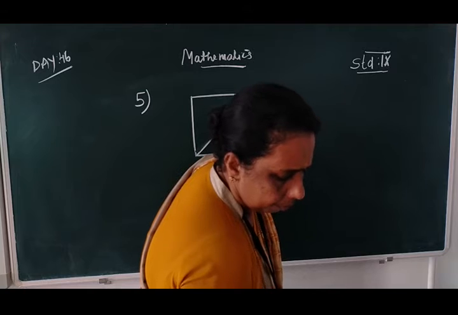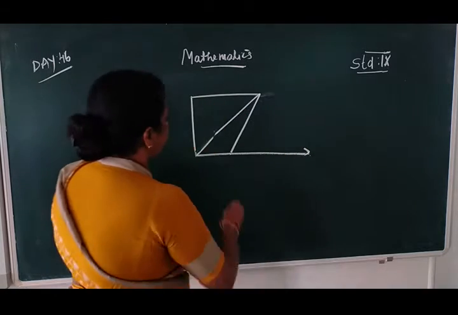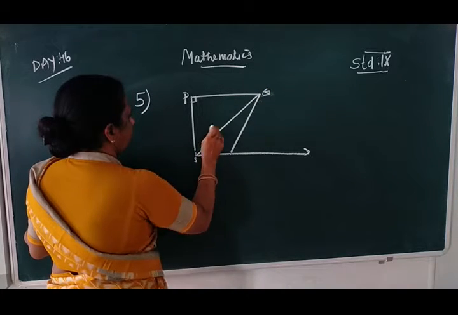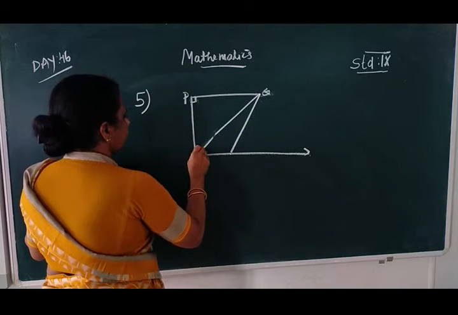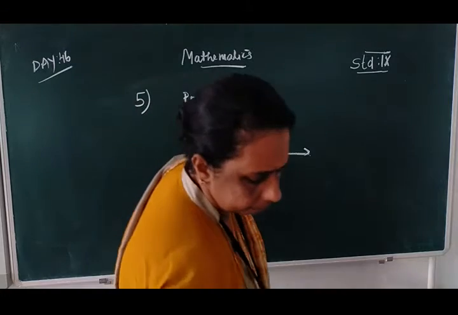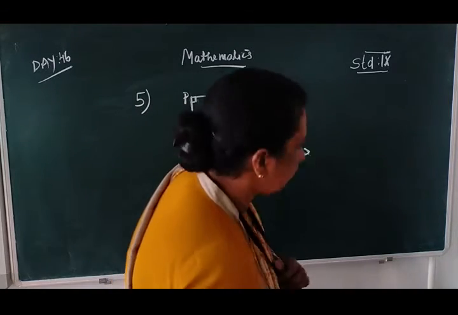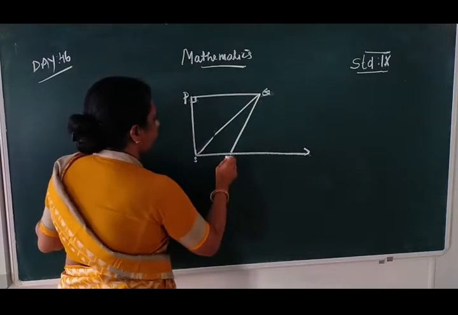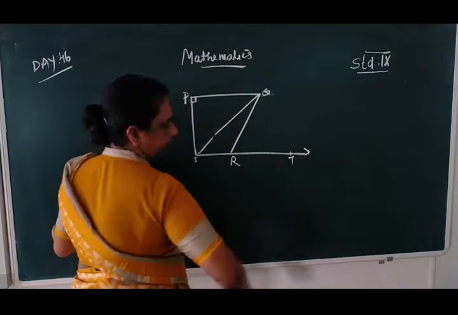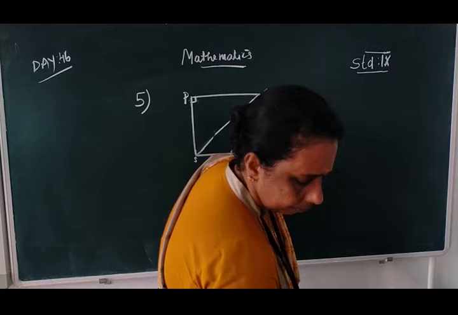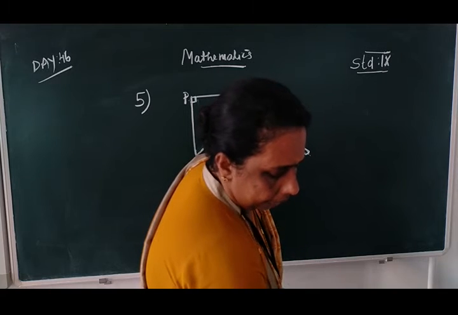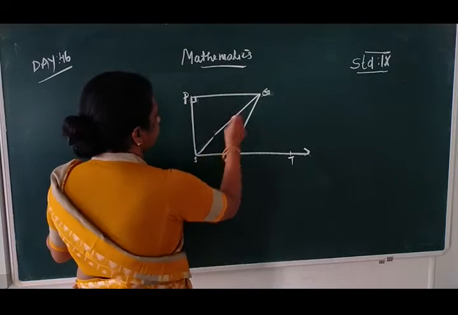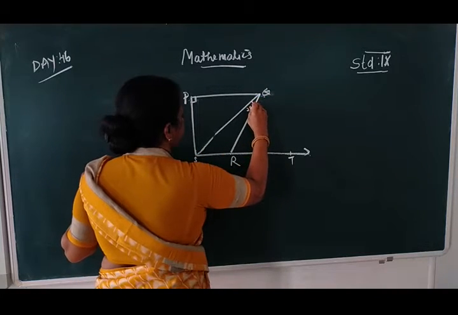PQ is perpendicular to PS. PQ is parallel to SR. Angle SQR is 28 degrees.